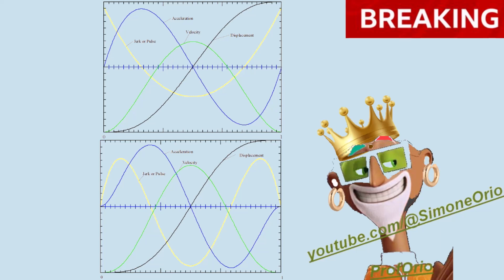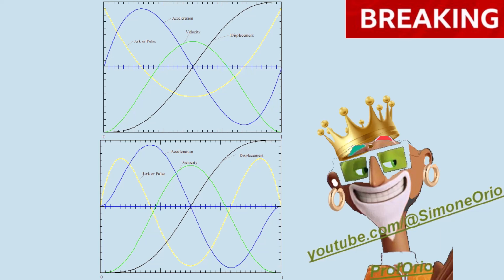In the bottom graph, we have 0 specified for displacement, velocity, acceleration, and jerk at both beginning and end for acceleration, velocity, and jerk is 0 at beginning and end, but displacement is 0 at beginning and some non-zero value at the ending.